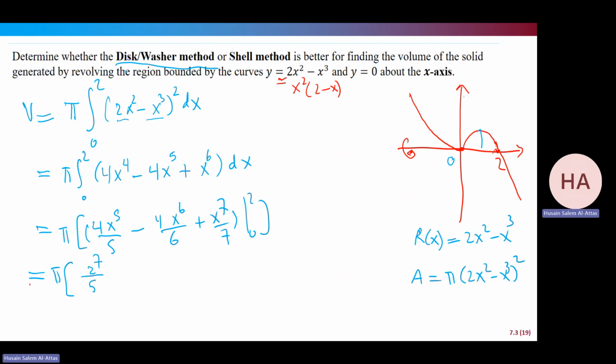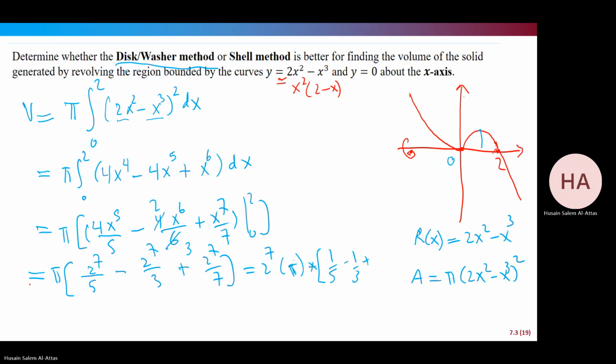I will leave 2 to the power 7, I'll tell you why. This one I have 2 to the power 7 over 3, and this one I have 2 to the power 7 over 7. So that means I can take 2 to the power 7 outside, times pi, times the rest. That will make the calculation easier.